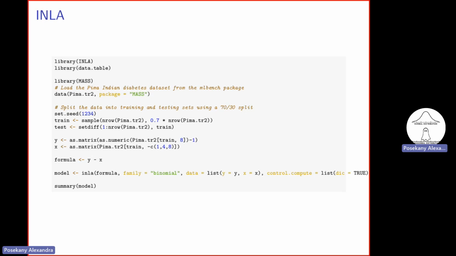So now we are in the real numerical part, and this is just taking out the two variables which we were taking out before, the skin and the number of pregnancies, and taking out the target variable as the columns which we don't want to include.